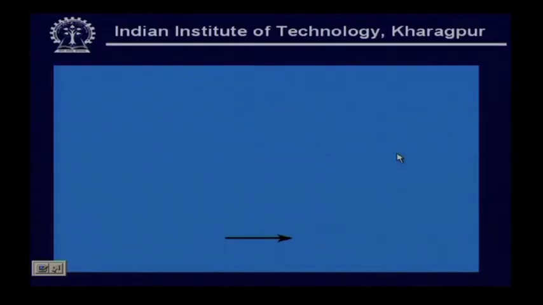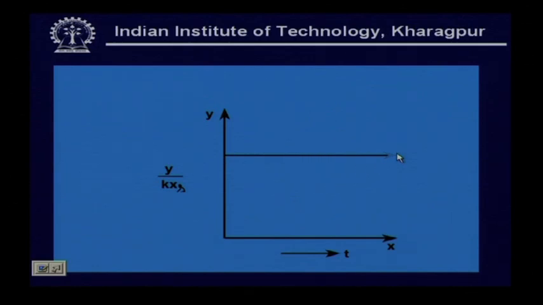It will look like this. The x axis is my input, and the y axis is my output, y by k x s. Now, interestingly, I have normalized it, because this is very much necessary.